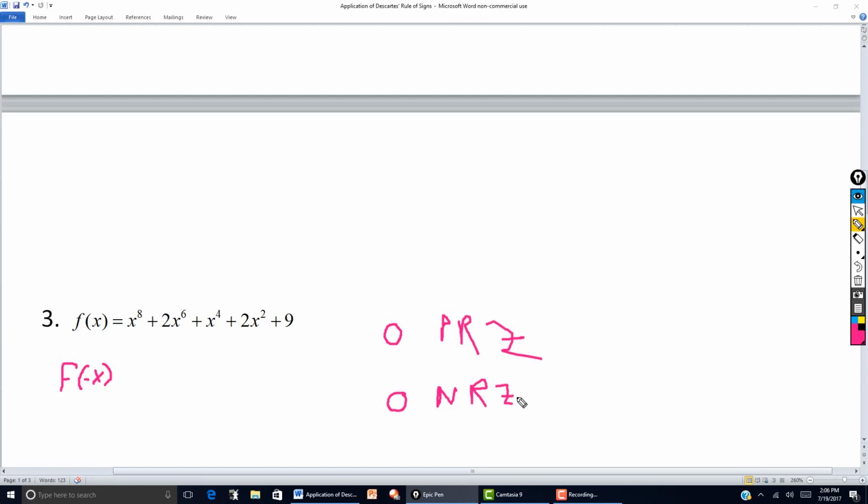So this tells me that since we have degree 8, we do have 8 zeros, but they're all imaginary. To find those, you'd have to use advanced techniques, some trigonometry, and so forth.